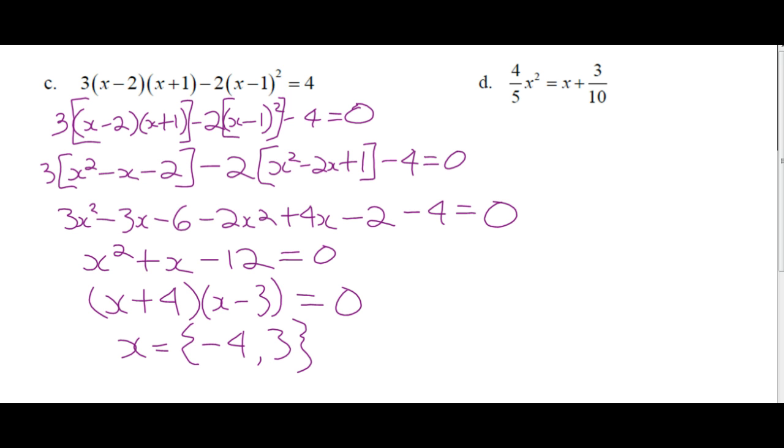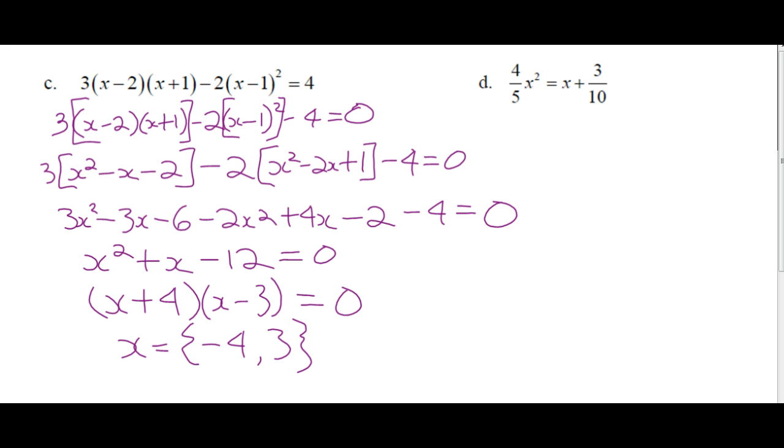You could do it by punching in your calculator, going 3 bracket, 3 minus 2 bracket, 3 plus 1 bracket, minus 2 bracket. I just fill this in exactly as it stands with the 3. Hit enter, you should see 4. Copy the line down on your calculator, put a negative 4 instead of the 3. Hit enter.